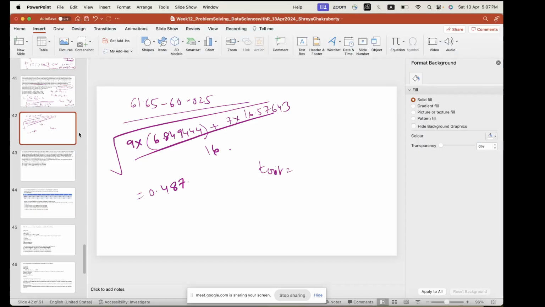This is 2.11. So since mod T observed is less than T critical, hence we do not reject H naught.